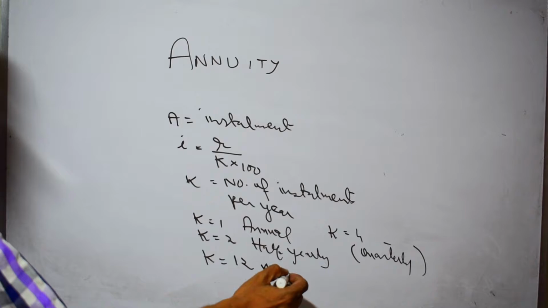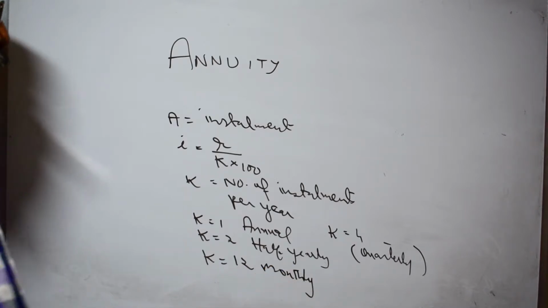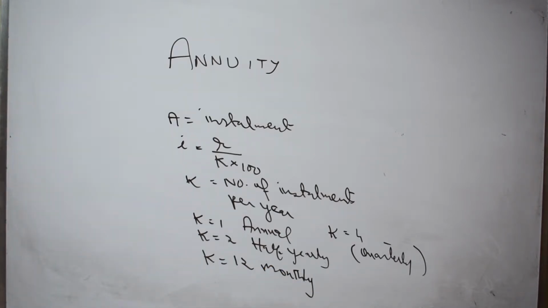So first thing is how much installment we are including in the annuity. I is the rate of interest divided by the number of times installments are paid per year.